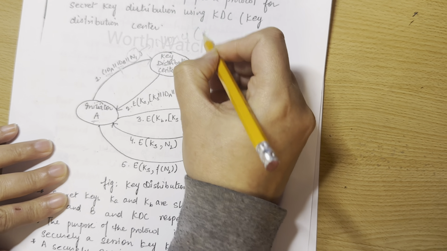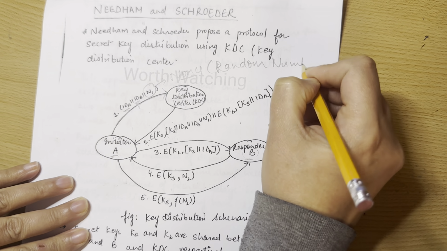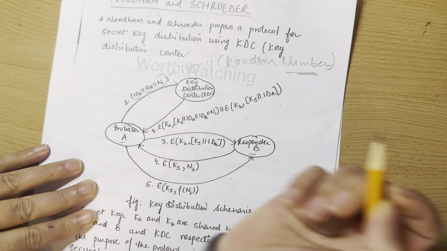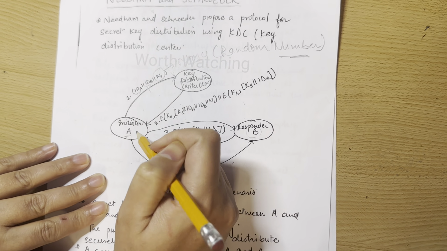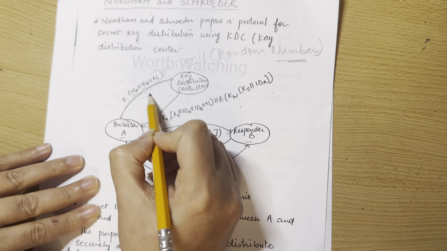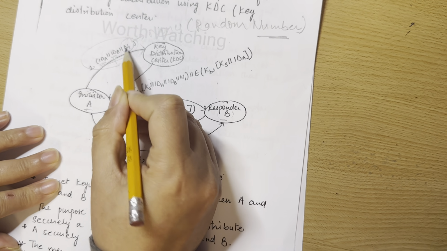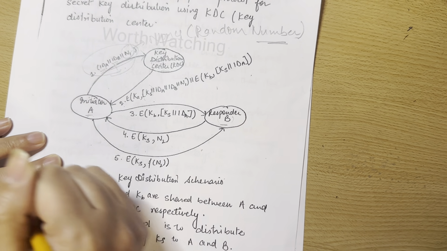It's a random number. It is there to avoid replay attacks, so that later the intruder cannot send this message again to the KDC, and the KDC knows that this is an old copy of an old message.